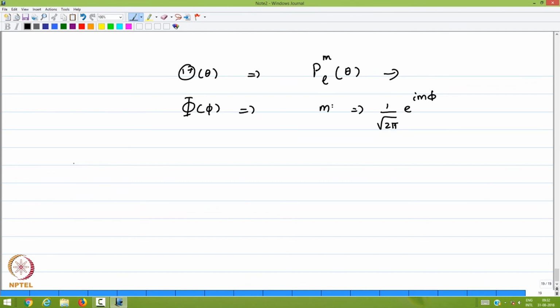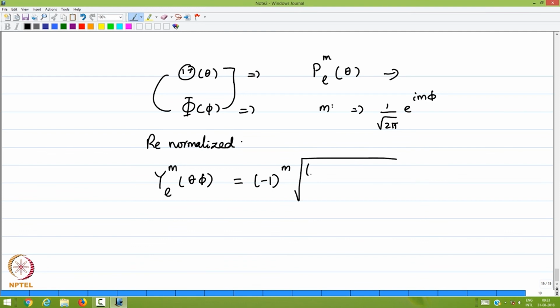Now, the conventional practice is to put these two things together and do a renormalization, renormalize the whole integral and call these the spherical harmonics Y L m theta phi. And Y L m theta phi in terms of the functions is defined to be minus 1 raised to m, square root of (2n plus 1) times (n minus m) factorial divided by 4 pi into (n plus m) factorial, times P n m cos theta e raised to i m phi.